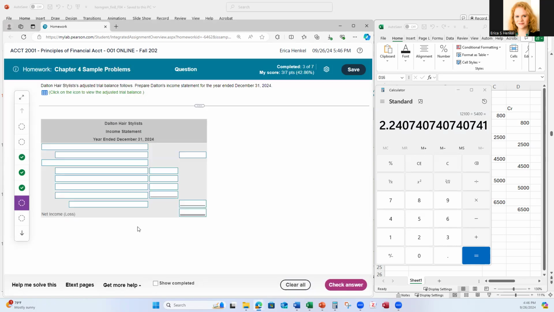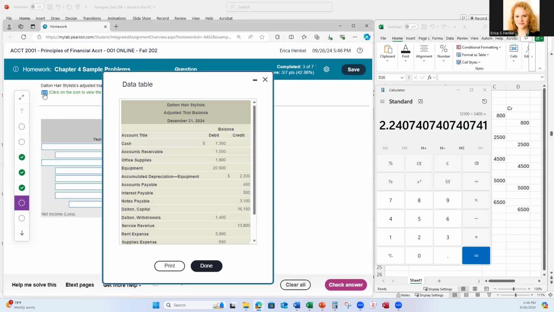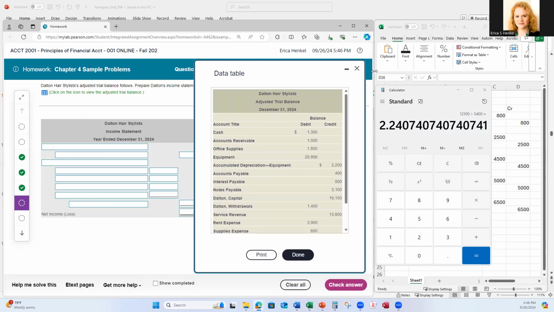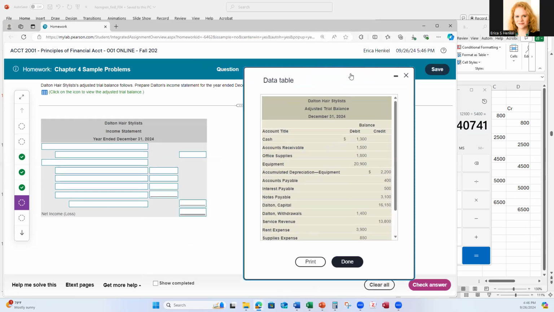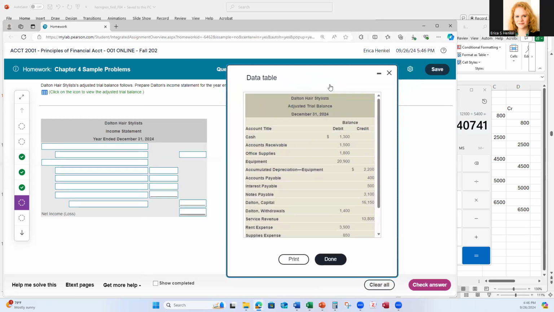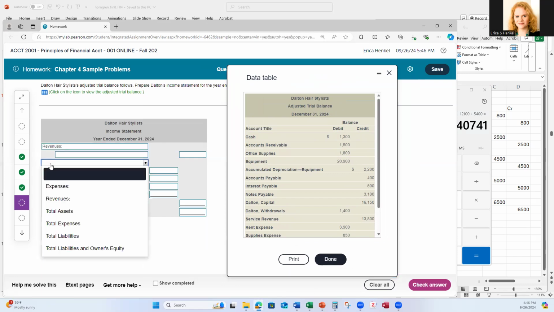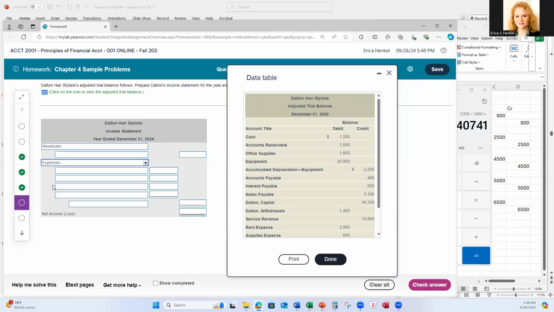All right, next problem, prepare an income statement for the year. They're giving us an adjusted trial balance. All right, so I don't think I'm gonna really have to do any math here imminently. So let's just put this over here. So just like on our previous example here, this one is going to have revenues at the top and it's going to have expenses down below.